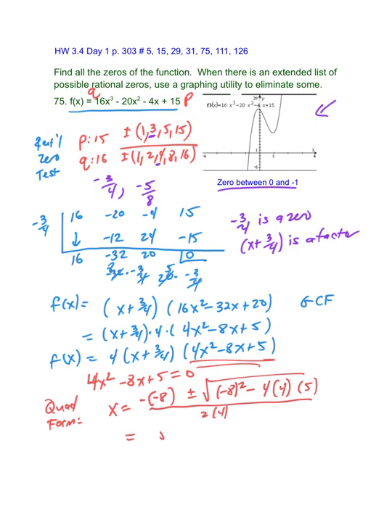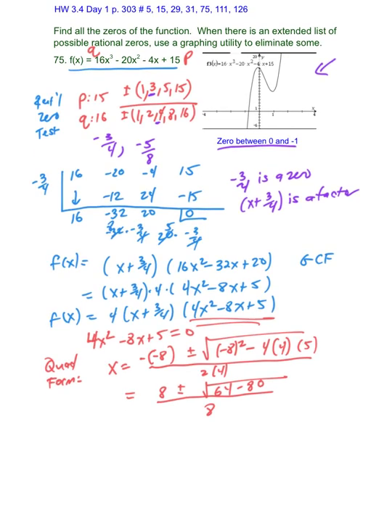So this is going to become 8 plus or minus the square root of 64 minus 16 times 5, which is 80. So minus 80, all over 8. We'll keep going here, keep simplifying. This will become 8 plus or minus the square root of negative 16 all over 8.